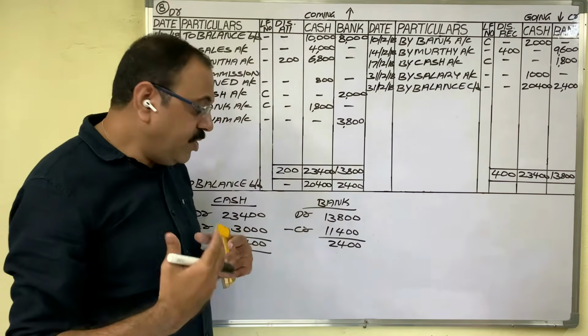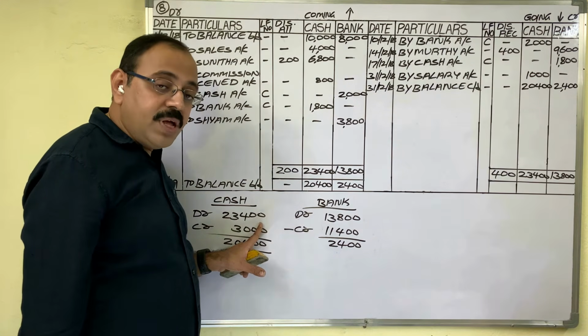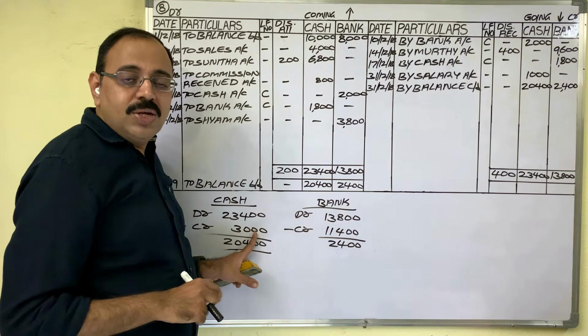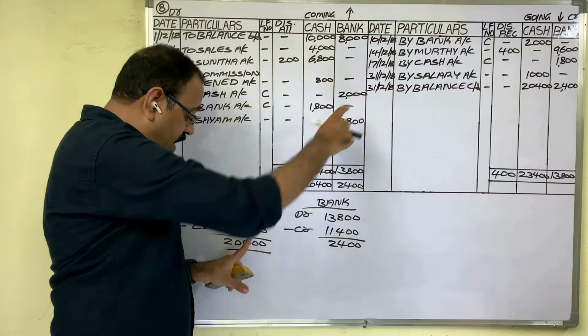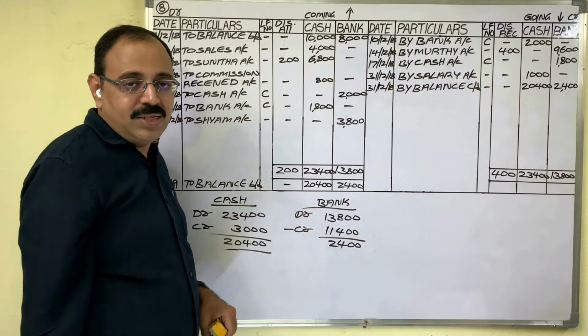So we received 23,400. From that, we paid 3000 rupees. Finally, at the end of the month, we have 20,400 rupees cash balance.